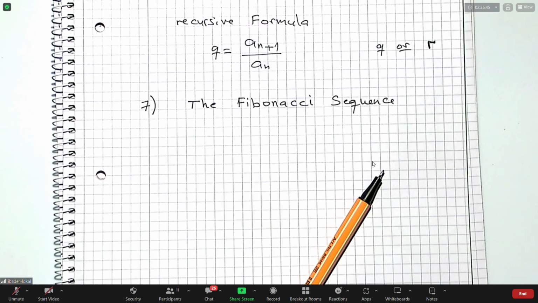You can Google it. You will be really surprised how many patterns in nature follow this, whether in plants, in animals, in different stones, whatever. You find the so-called golden ratio.